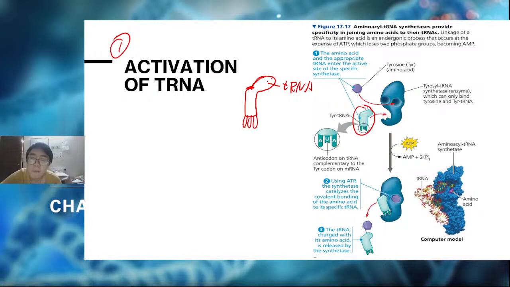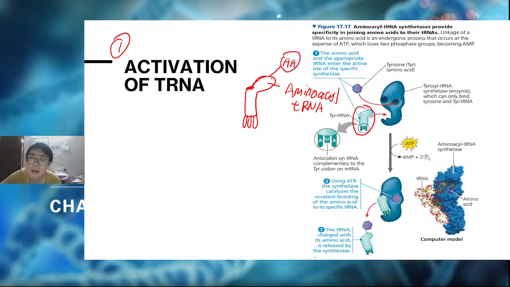So for this tRNA, we have to activate it to carry the amino acid. The activated form of the tRNA we call amino acid tRNA. So this is the activated form of tRNA. So how to form this?